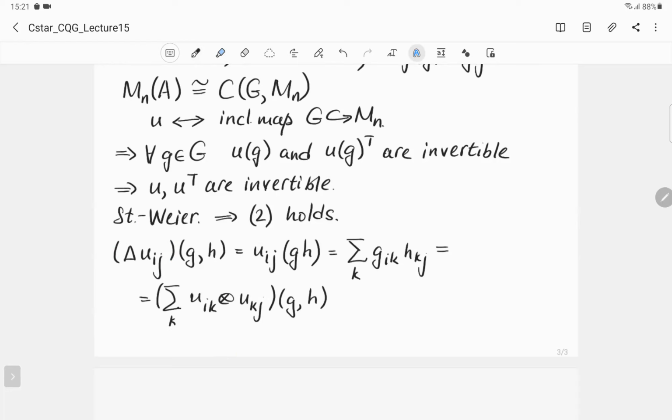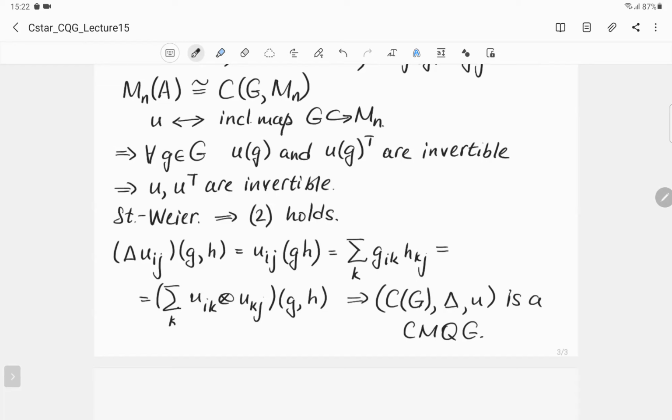And so we conclude that C of G, together with this matrix U and with the canonical co-multiplication, is a compact matrix quantum group.